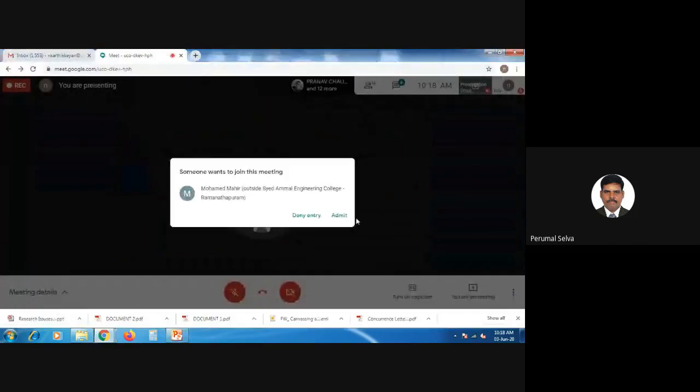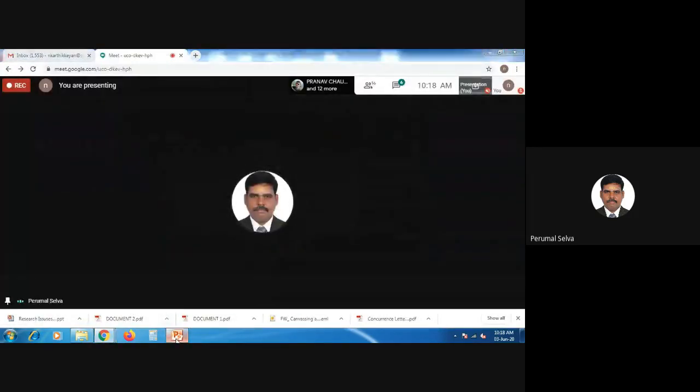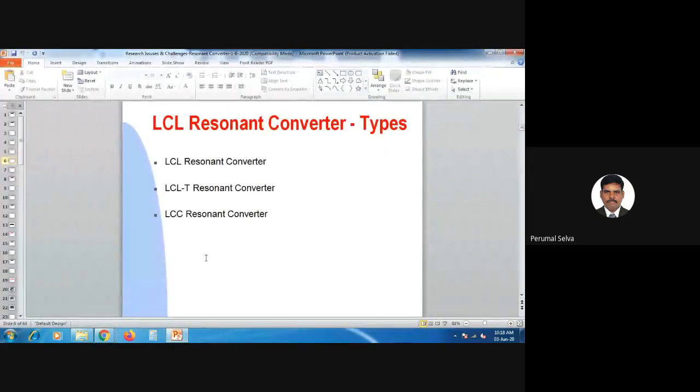So LCL, the configuration type is T type, and LCC resonant converter. LCL resonant converter means two inductors and one capacitor connected in series, right? So it is called a series resonant converter.